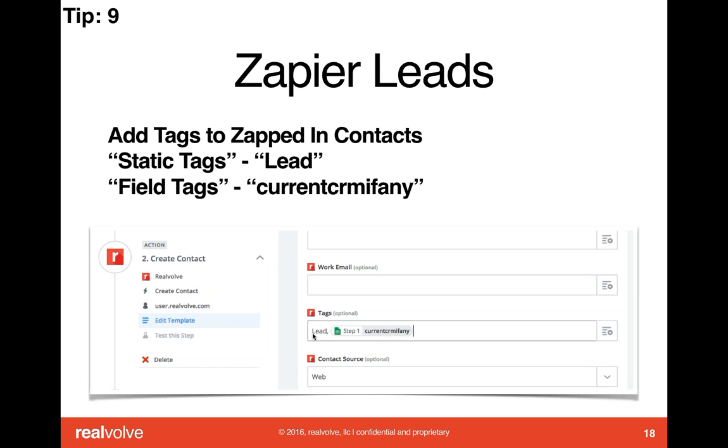So whenever this comes in as lead, you can immediately say, this is a seller lead, or this is a buyer lead, or they are going to buy and sell. So using the merge fields or the field tags is a powerful piece for being able to deal with those leads that come in. You don't have to just tag them with static information like the word lead. You can use content from within the form itself as you're bringing them in.